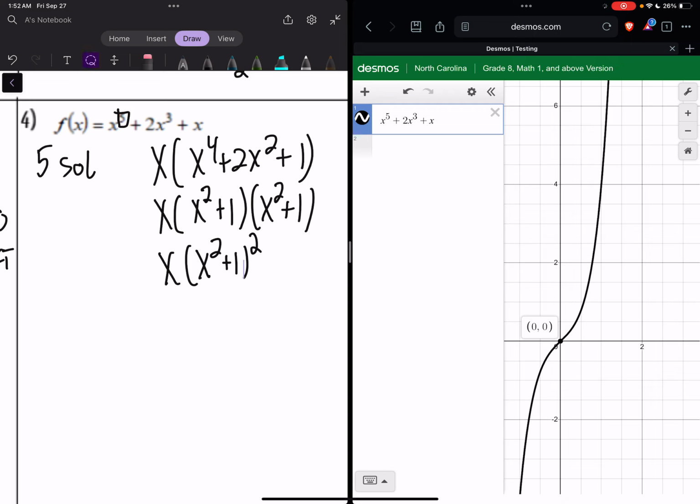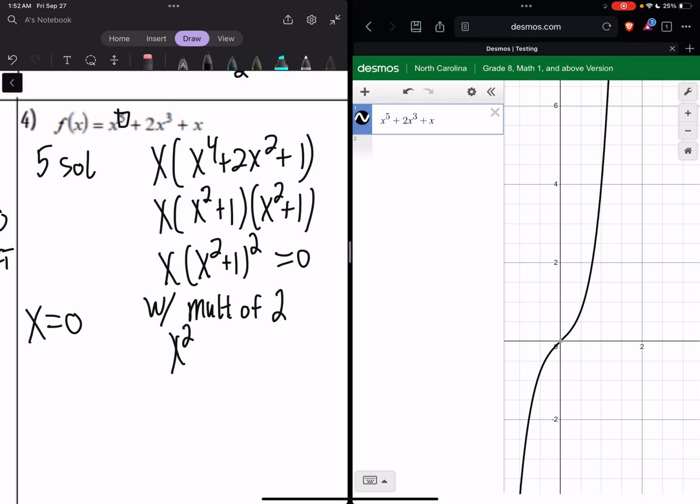Notice right here, whatever my solutions are, I have a multiplicity of 2 on this portion. So I'm going to set this part equal to 0. So first, x is equal to 0, and I'm going to write with multiplicity of 2, meaning whatever my answers are, it happens twice.